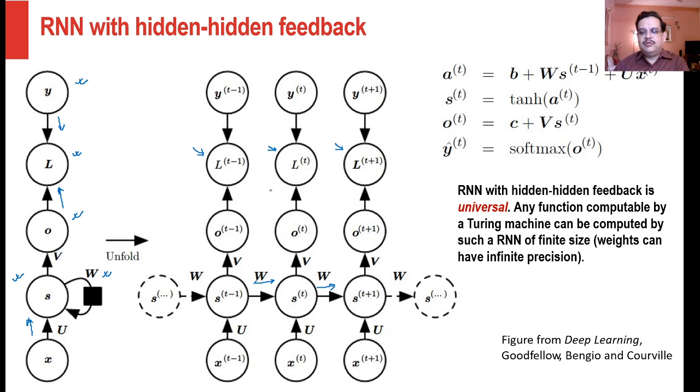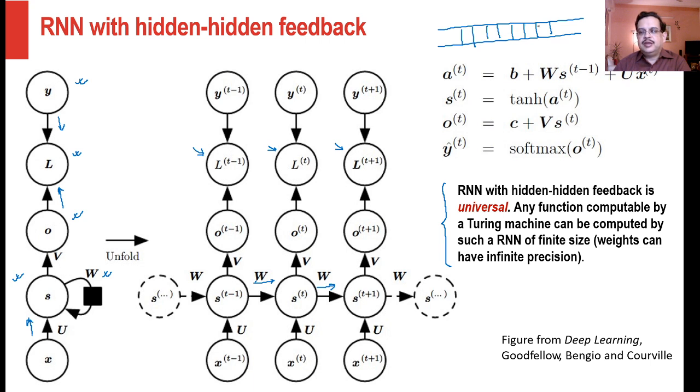Now we are not going to go into the details of this, but there is a result which says that the RNN with hidden feedback is universal, in the sense that any Turing computable function can be modeled by an RNN of finite size. Now, as you know, a Turing machine has a tape of infinite size. The length of the tape is unbounded.